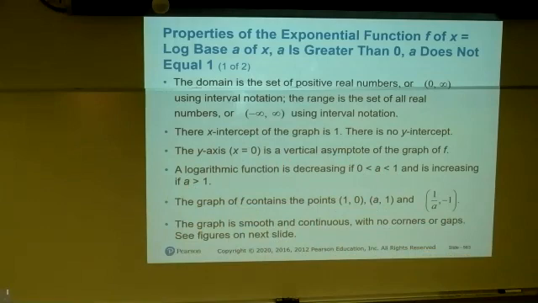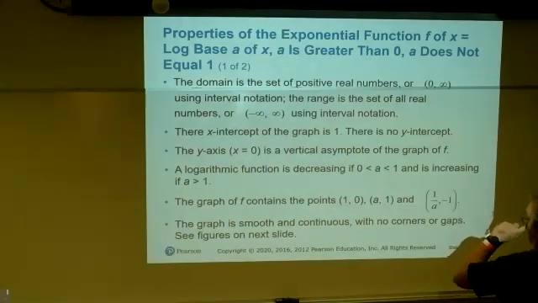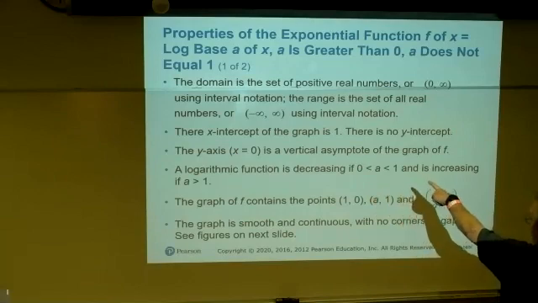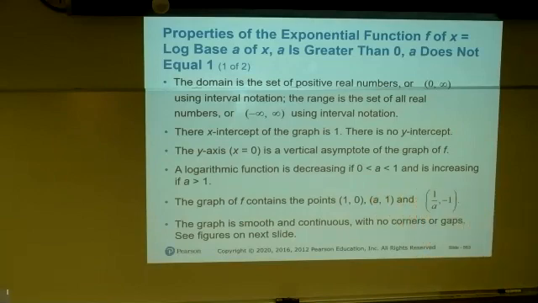The range is the set of all real numbers, which is just the flip-flop of the domain and range from the exponentials. And then the x-intercept is 1. So here we have an x-intercept but no y-intercept. That flip-flopped as well, because with the exponentials, the y-intercept was 1, and there was no x-intercept. But now the x-intercept is 1, and there's no y-intercept.